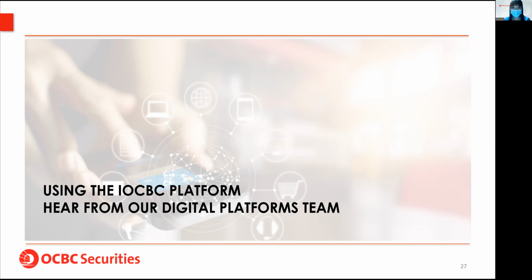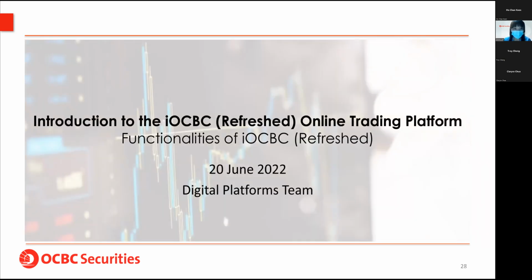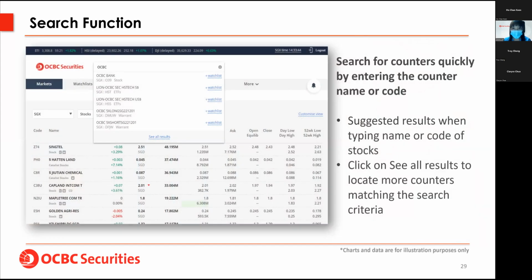Yes, thank you, Chankin. I will now walk you through the functionalities of the trading platform. Can I have the next slide? Our trading platform has features such as the search function, where you can enter the stock symbol or stock name in the search box, and clicking on See All Results will allow you to view all your stocks.